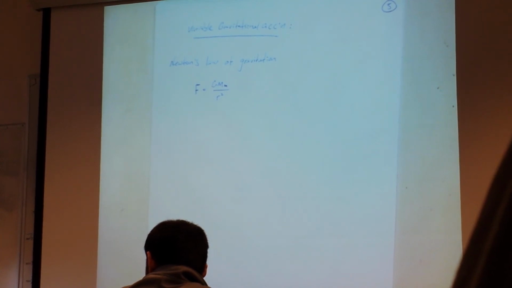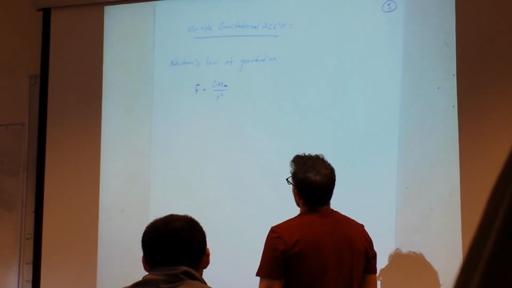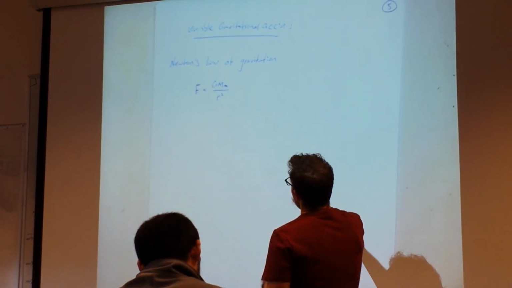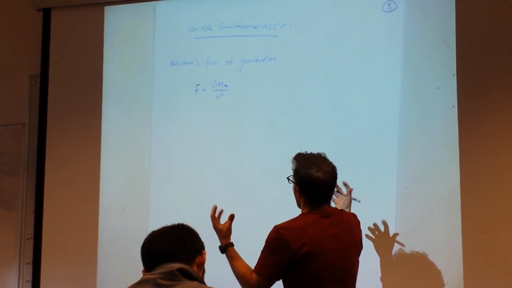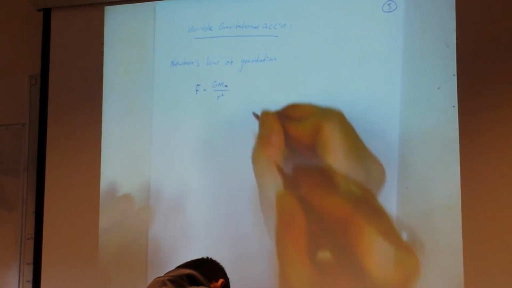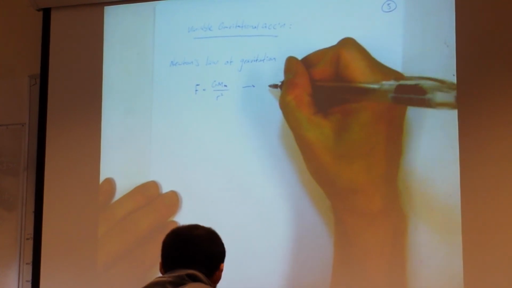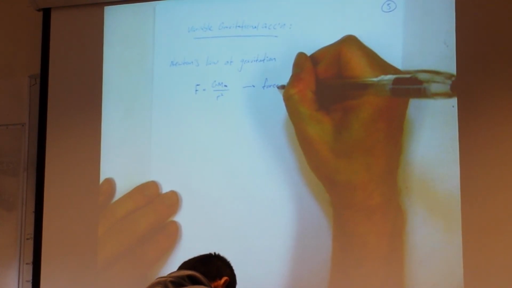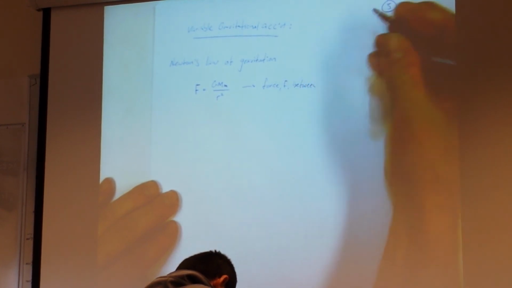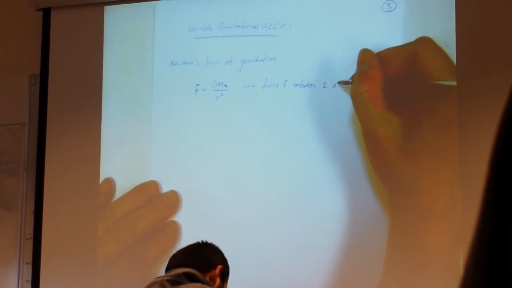But this is the other one, the law of universal gravitation, I think it's called. Yes. It talks about the force of gravity between two bodies having mass big M and little m, so two objects. So this describes the force F between two objects or bodies.